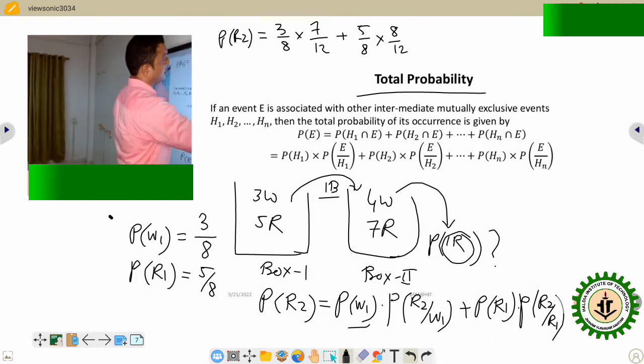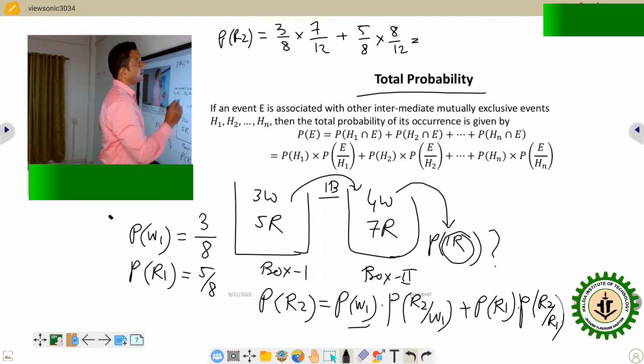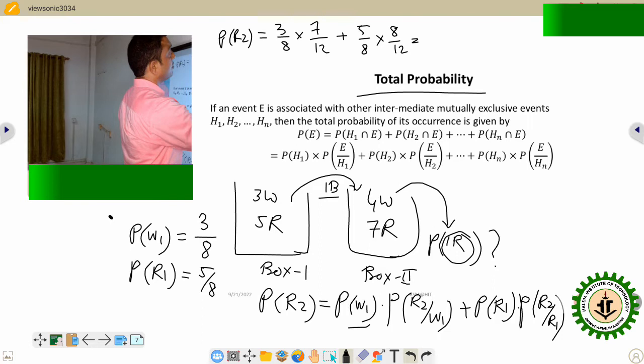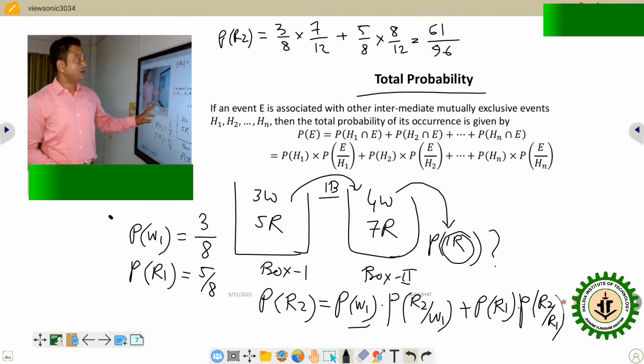So in total you will get 7 into 21 plus 40, so 61 by 96. This is the probability of drawing a red ball from box 2.